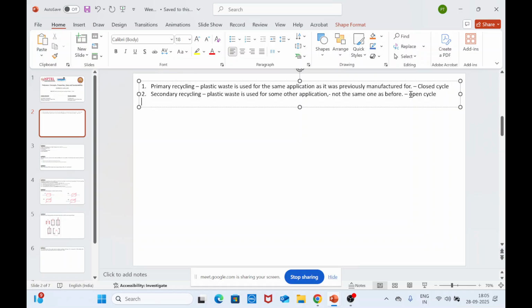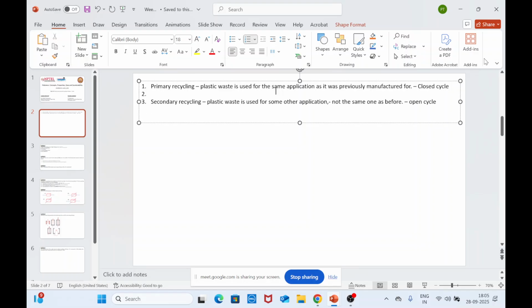So that question comes immediately once we discuss secondary recycling. Based on that concept, we have two different types of recycling. This is the primary classification: one is primary recycling, the other secondary recycling.